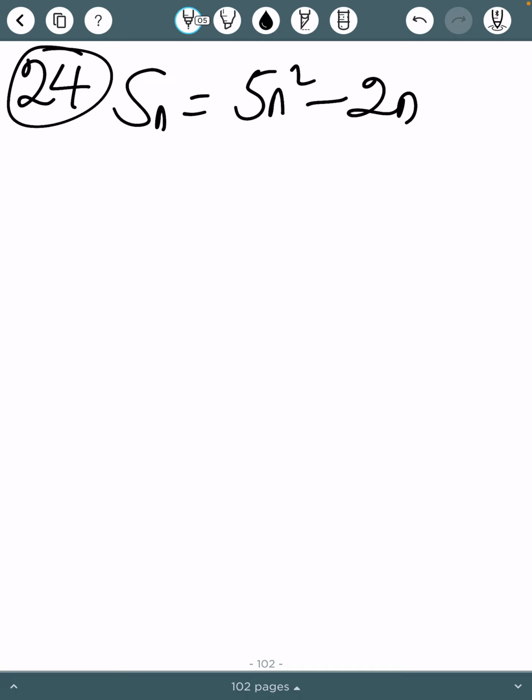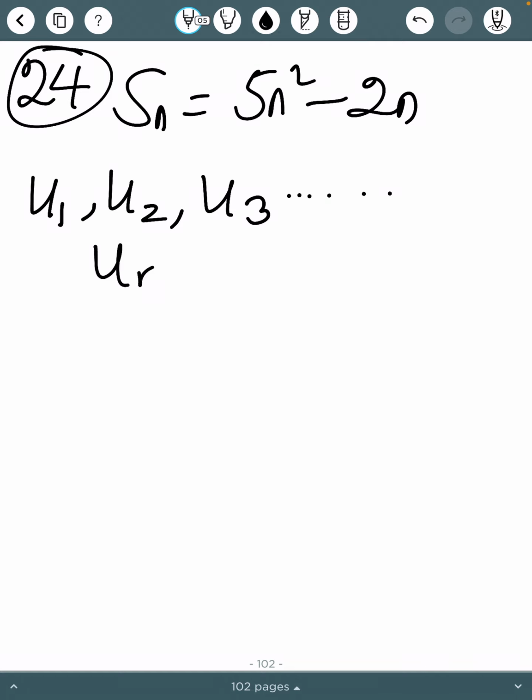And there is another sequence that has first term, second term, third term, and so on, which is defined by UR equals SR minus SR minus 1.